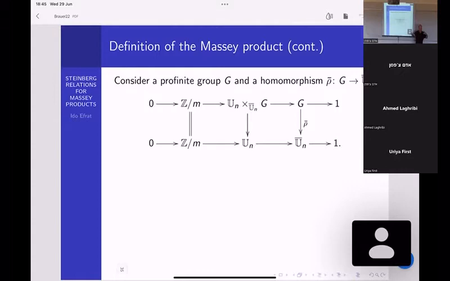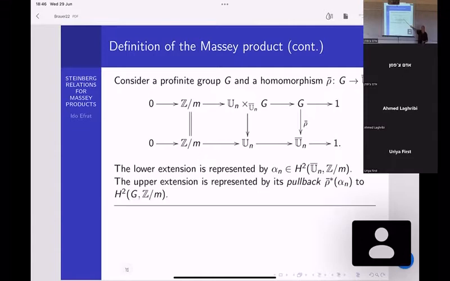Okay, central extensions correspond to elements in the second cohomology. Let's start with the lower extension, of U_n, and the pullback extension corresponds to the cohomological pullback, applying to it the functorial map rho bar star.